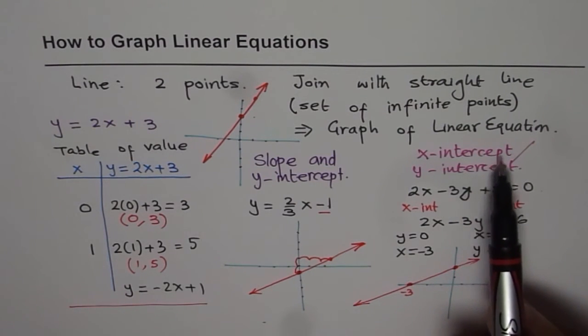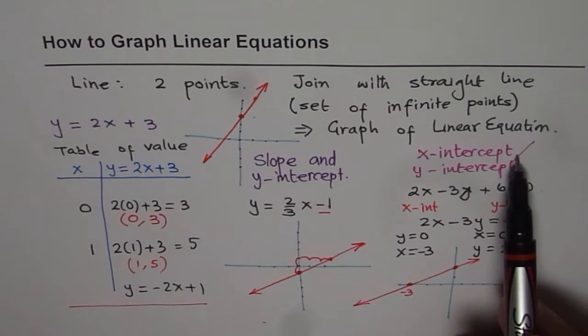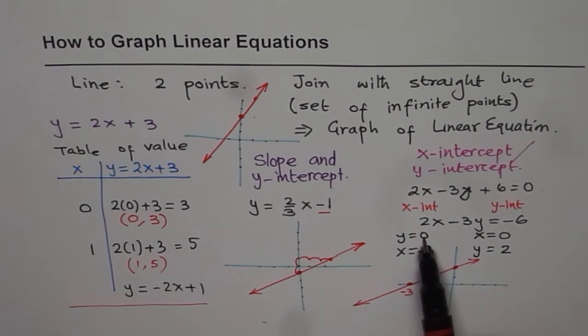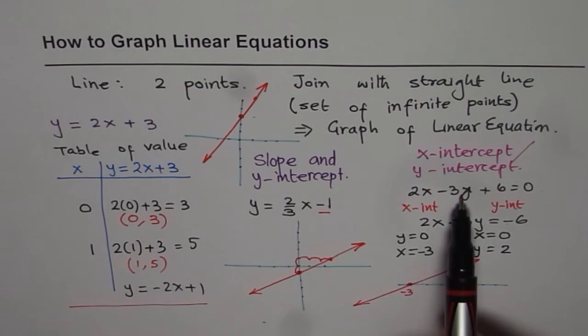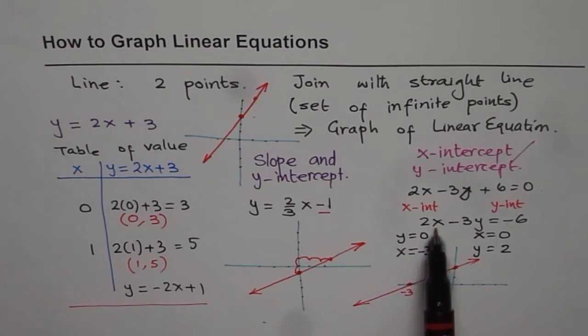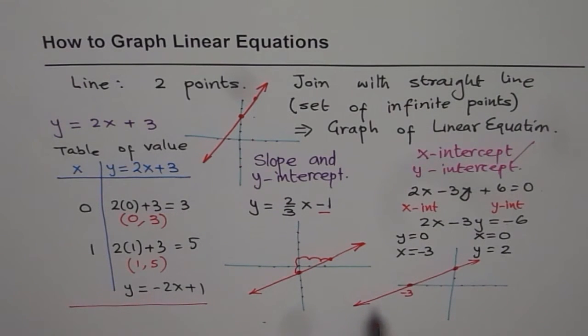The x-intercept is a point where the line crosses the x-axis, that is y equals 0. So in the equation of the line, place y equals 0, solve for x, getting the x-intercept. For the y-intercept, substitute x equals 0 and solve for y. Once you get the 2 intercepts, join them with a line. This line will represent the linear equation.